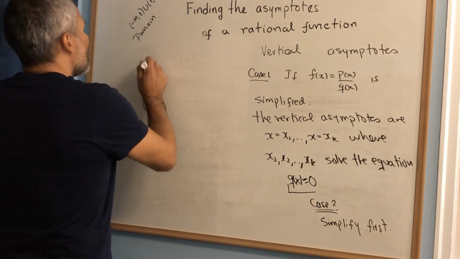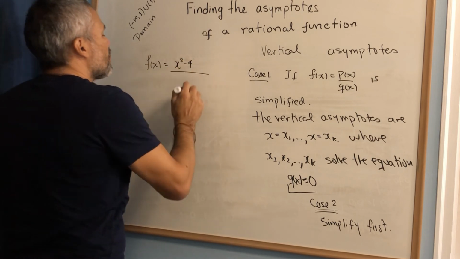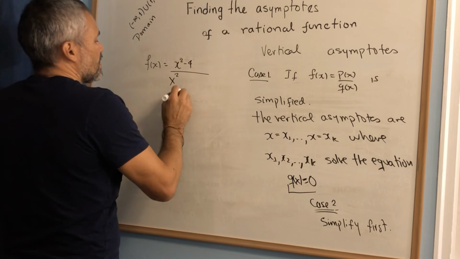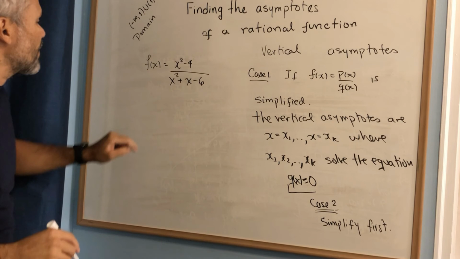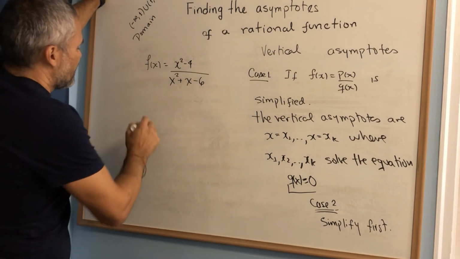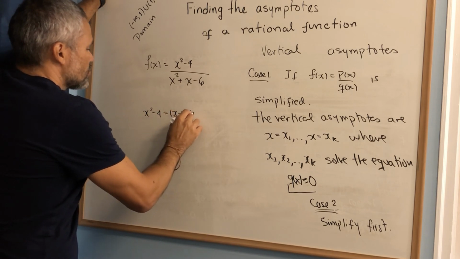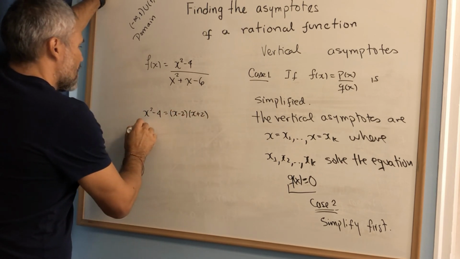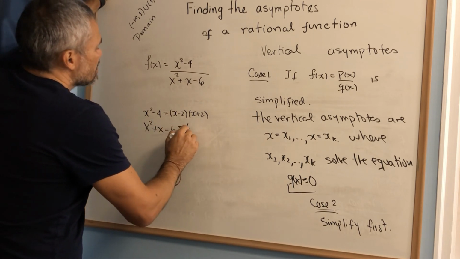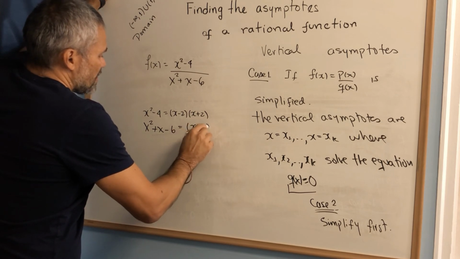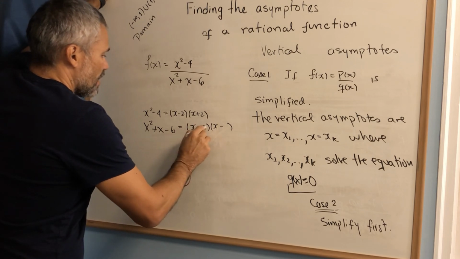What about if you have f of x equal x squared minus 4 over x squared plus x minus 6. Let's see if we can simplify this. x squared minus 4 is x minus 2 times x plus 2, and x squared plus x minus 6 is x plus something, x minus something, and here we have 3 and 2.